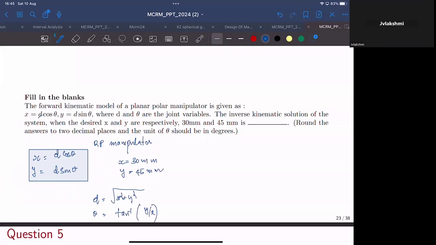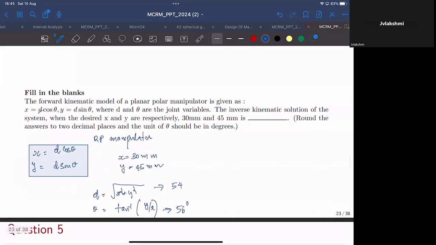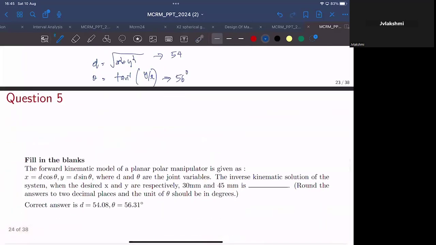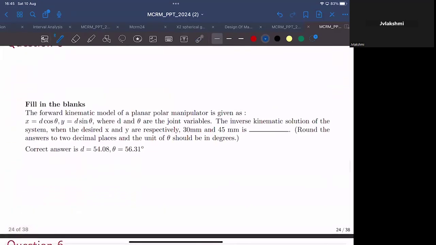I'm not sure about the numerical values, but I think d should be approximately 54 and theta approximately 56 degrees. It's fairly straightforward to solve this numerical problem. Okay, yeah, I think the answer is 54 for d and 56 degrees for theta.